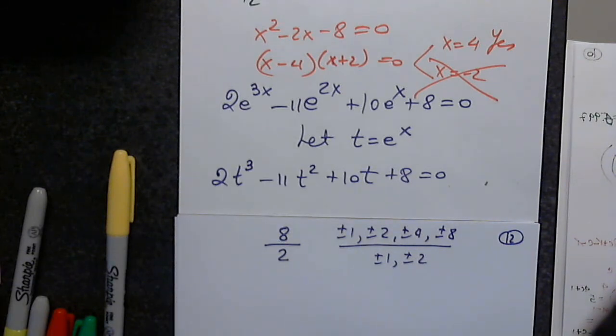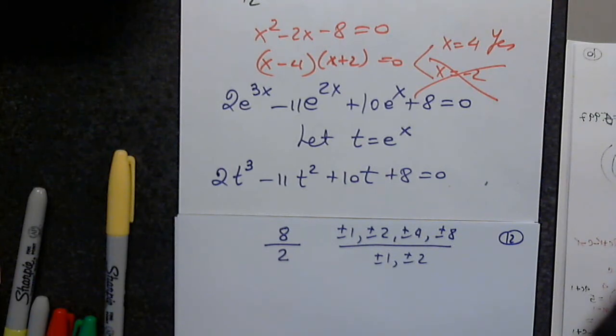So I will punch in the calculator 1 with positive and negative, 1/2 with positive and negative, 2 with positive and negative, not again 1 because I already have it, 4 with positive or negative, 2, I don't need to do it again, 8 with positive and negative. And 4, I don't need to do it again.